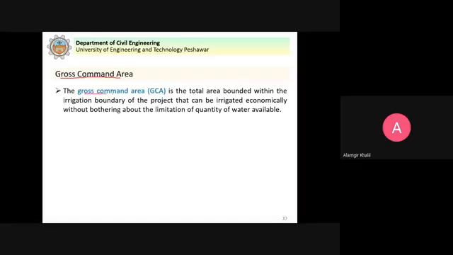The gross command area is the total area bounded within the irrigation boundary of the project that can be irrigated economically without bothering about the limitation of quantity of water available.